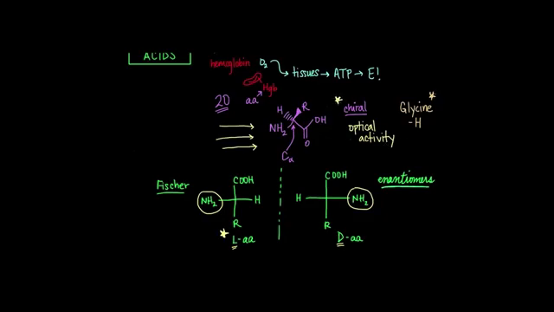And the one exception to this rule is the amino acid glycine, which just has the simplest side chain of a hydrogen atom, and therefore it is not a chiral molecule. And then we also learned about the Fischer projections for amino acids and the fact that the L configuration of an amino acid is the only one that you find within the human body. And there you have it.